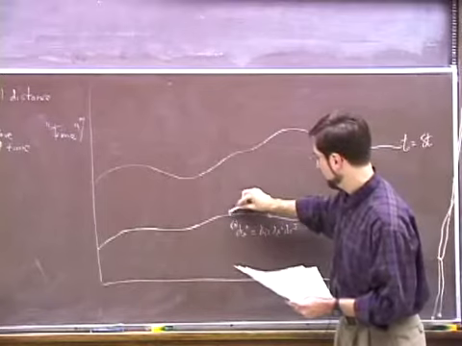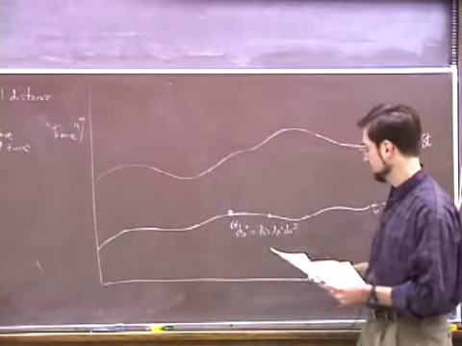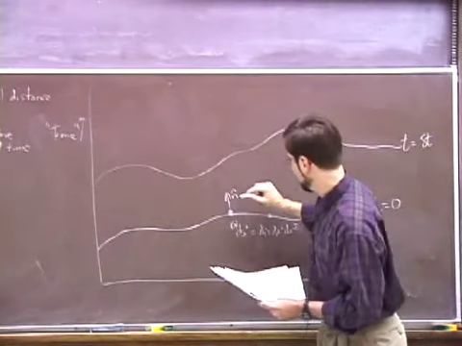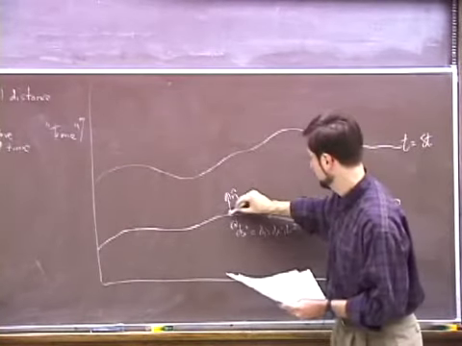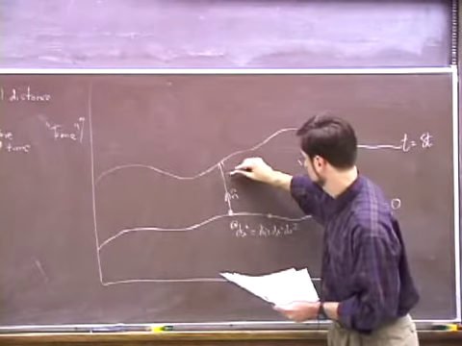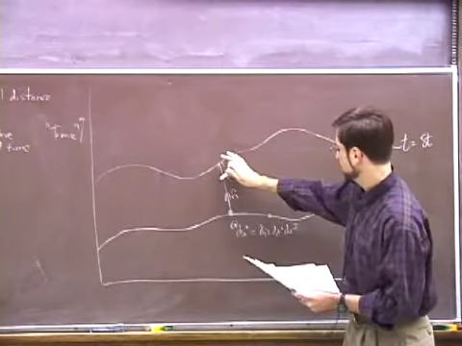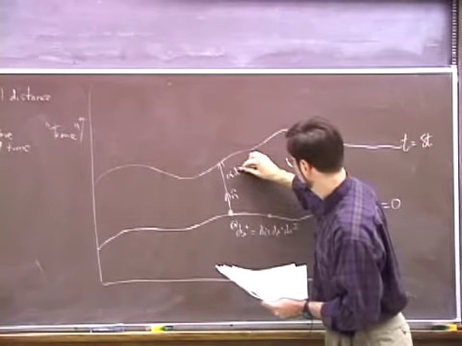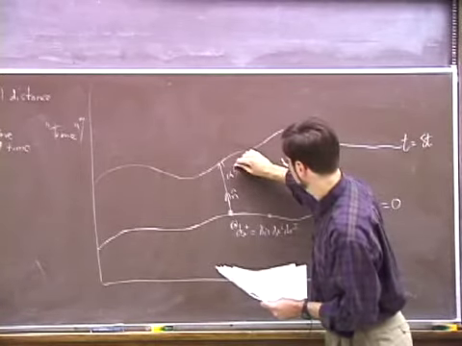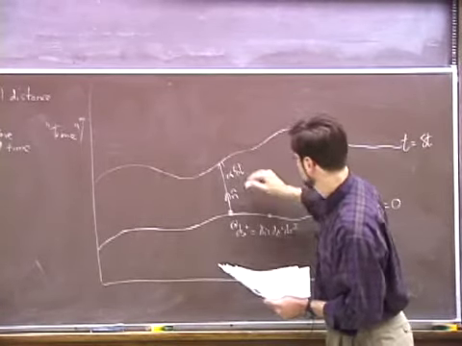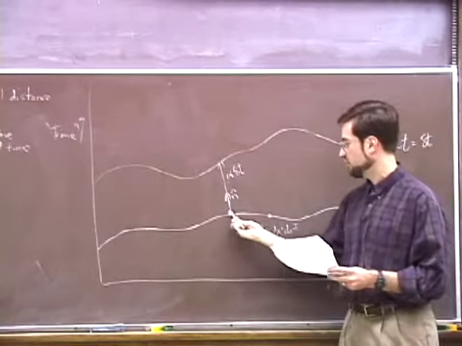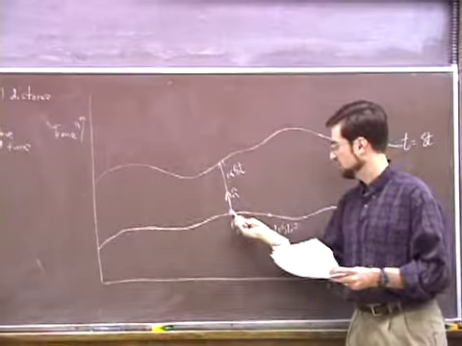Then if I want to be able to get from here to here, I draw a normal vector, and I follow that normal vector by a distance alpha delta t, where alpha delta t is now the proper time that it takes to go from here to there.